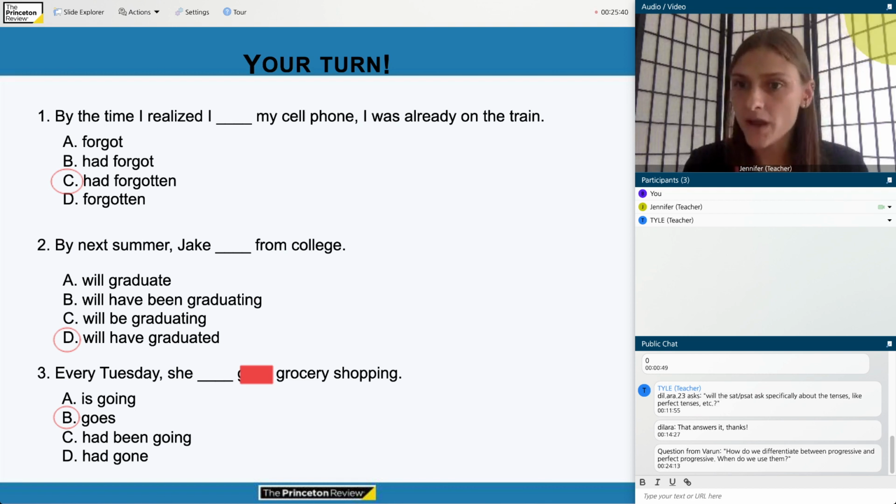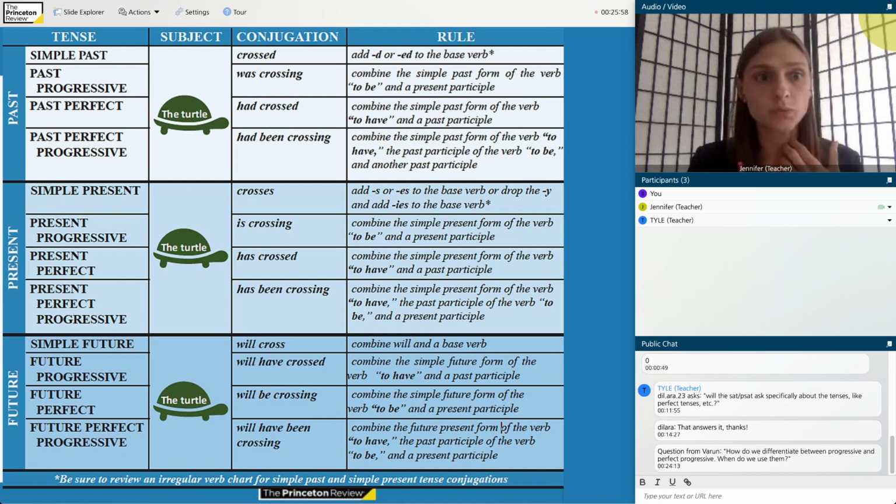Okay, and we have a question here. So how do we differentiate between the progressive and perfect progressive? When do we use them? So let's go back to the verb chart on the previous slide so you can see this in action. So we're talking about the progressive and perfect progressive.